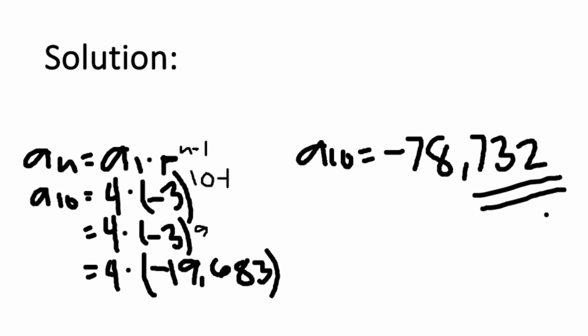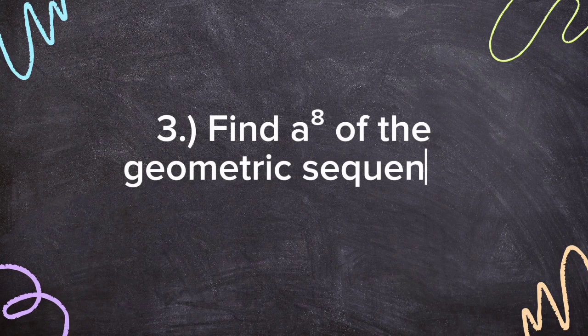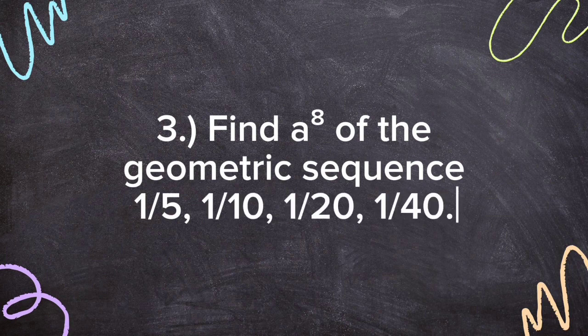Because negative 3 raised to the 9th power is equal to negative 19,683. So the 10th term of this sequence is negative 78,732.